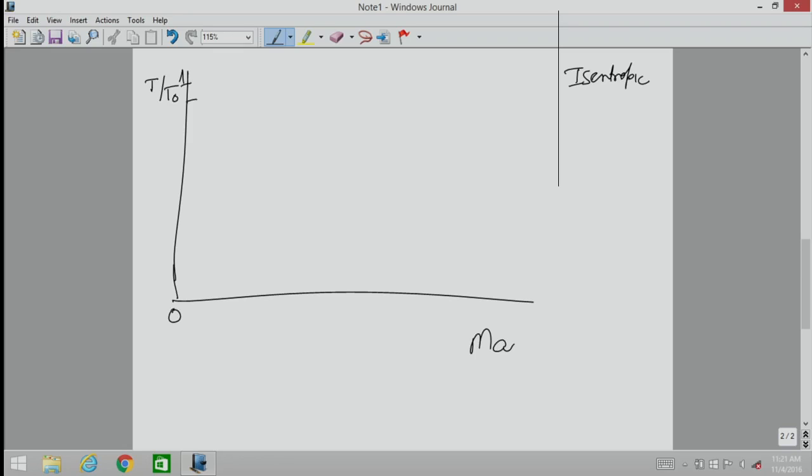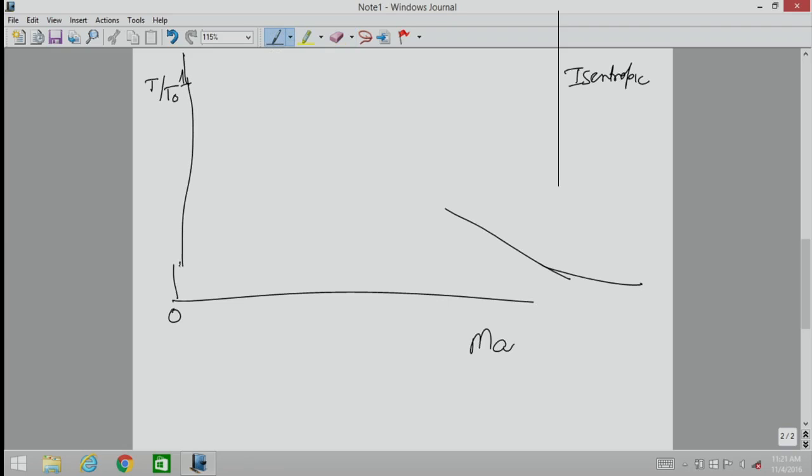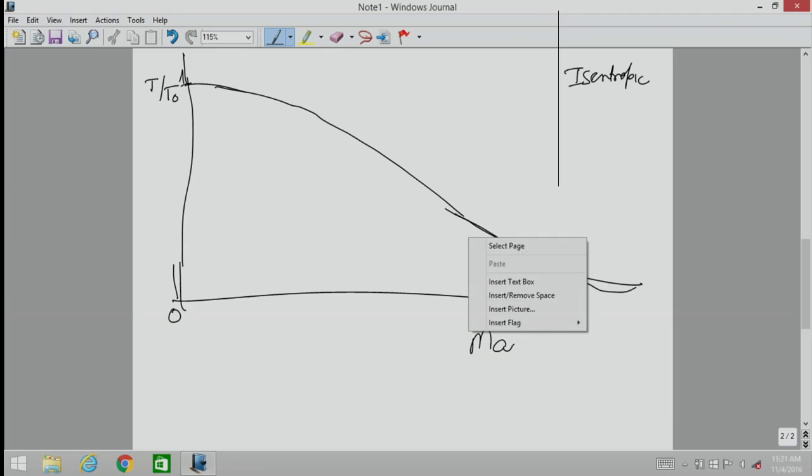Okay, and what you find is if you plot this curve, this is a T by T0 curve, which means as Mach number increases, the temperature decreases.